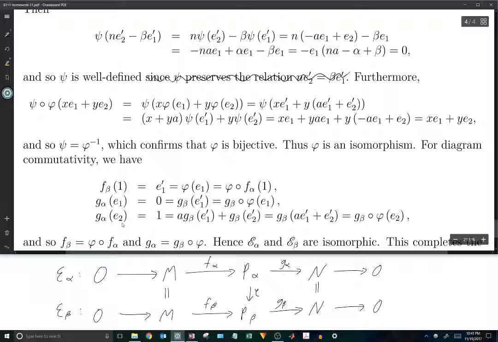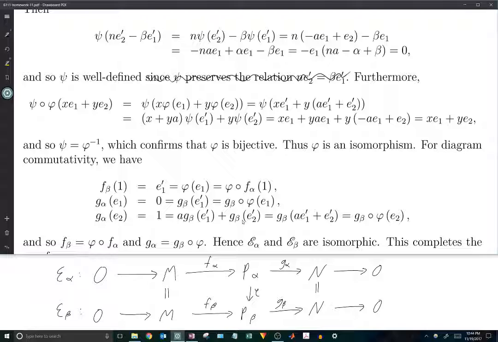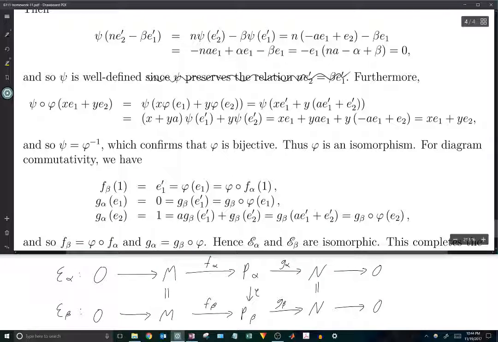And then for e2, this is 1, this is g beta, this plus this, because it's g beta of ae1 prime plus e2 prime, right? Oh, no. The easiest thing here is to actually go backwards through here.